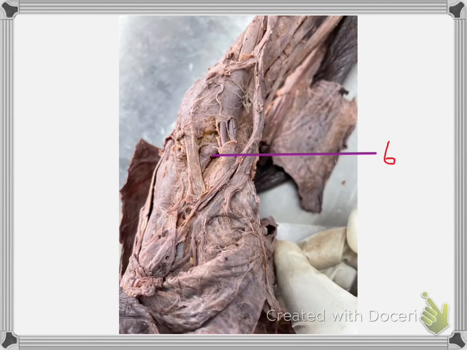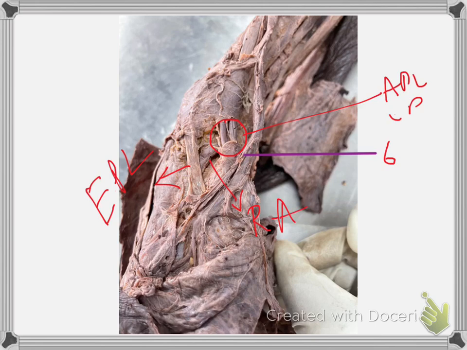Next, this is the anatomical snuff box I was talking about. See, these two form the anterior boundary, the outcropping muscles abductor pollicis longus and extensor pollicis brevis, and the posterior boundary is formed by extensor pollicis longus. Lying inside as the content is your radial artery, which is a branch of brachial artery, and in the roof you have the cephalic vein.